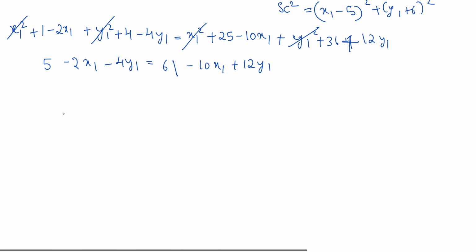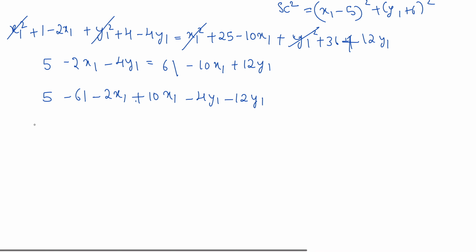Now let's send everything to the left hand side. 5 minus 61, minus 2x1, and minus 10x1 comes outside and becomes plus 10x1, minus 4y1, and plus 12y1 comes outside and becomes minus 12y1.